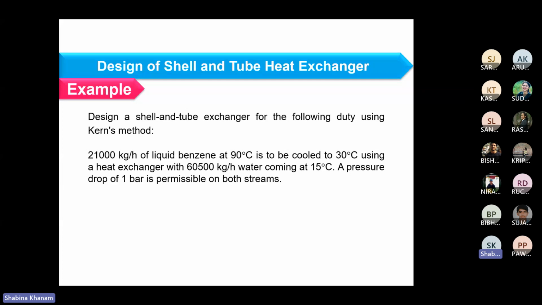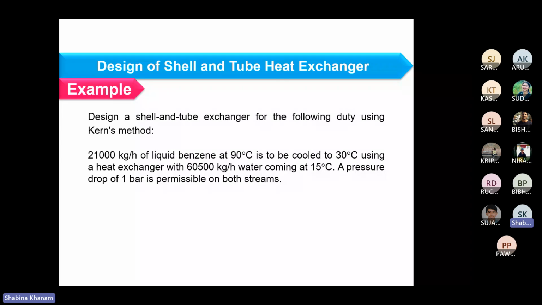We need to start the calculation from the very basic thing, that is to find the heat duty. You can keep in mind the flow chart which we discussed in the last class, and follow the steps one by one available in that flow chart.